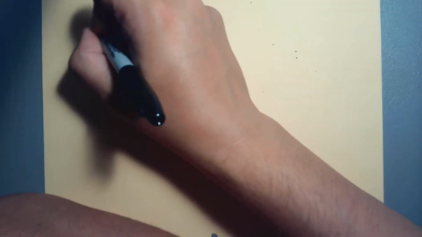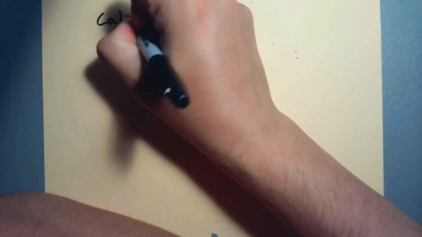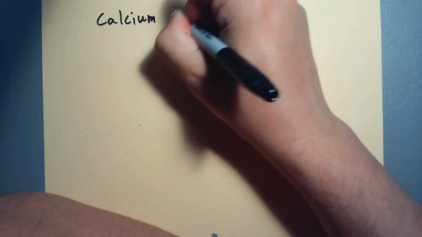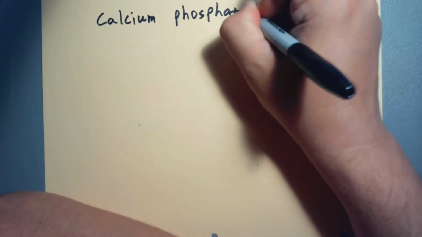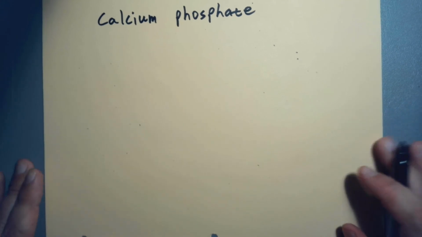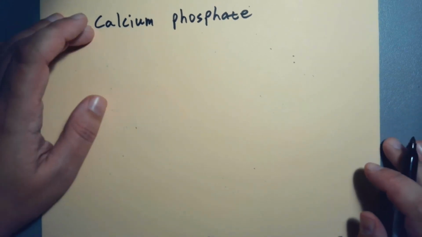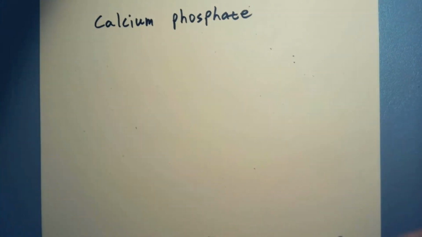Alright? So, we went from formulas to names. Let's do the opposite. Let's go names to formulas. So let's look at, how about, calcium phosphate? Well, what's the calcium ion going to be?